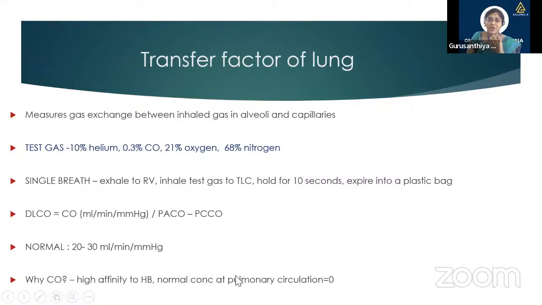Then you can extrapolate. If we normally had carbon monoxide, it would become difficult to estimate the value of carbon monoxide present in the body. So we assume that the normal concentration in the pulmonary circulation is 0, and then it becomes easy for us to measure the diffusion across the membrane.